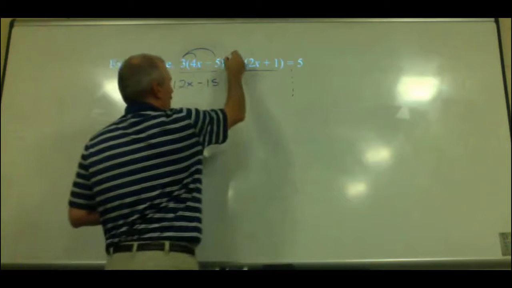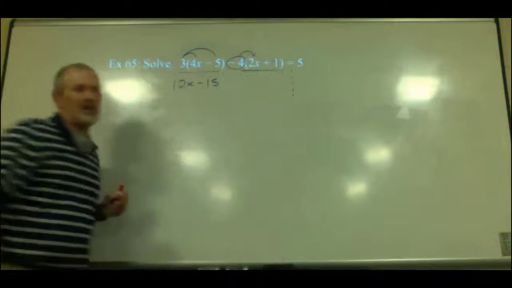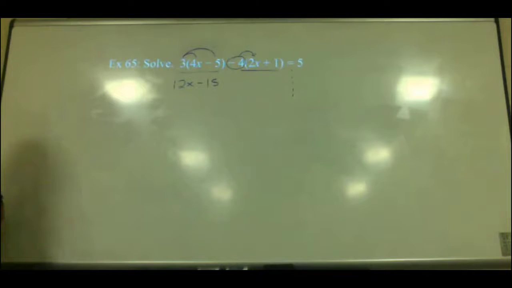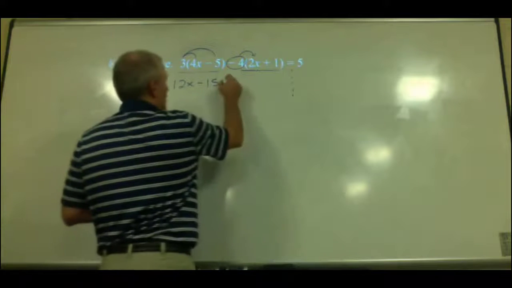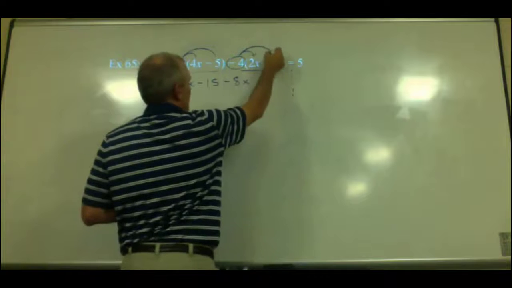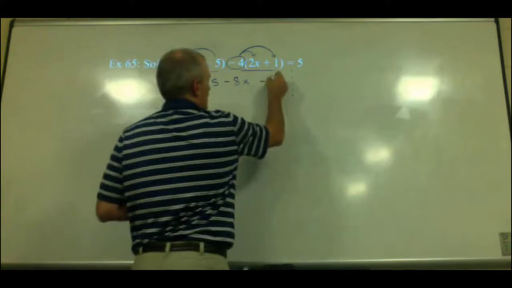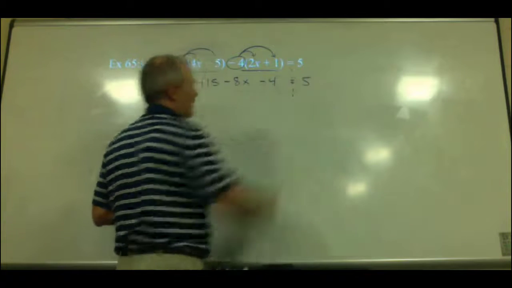This one, we're actually distributing the negative 4. What do we get there? Negative 8x. So minus 8x. And then we distribute the negative 4 again to the 1, and what do we get there? Negative 4. And then equals 5.